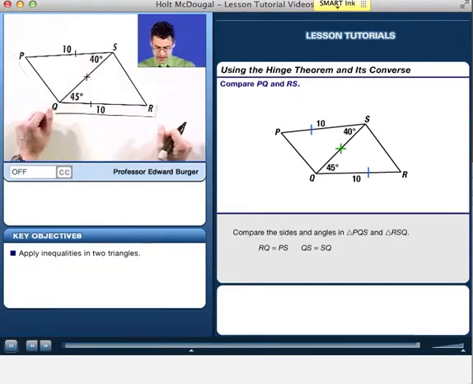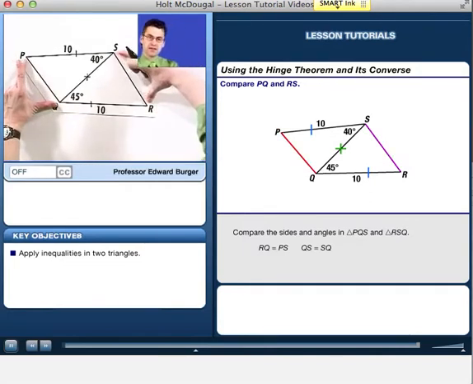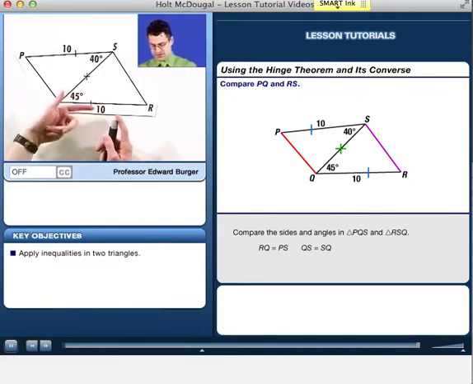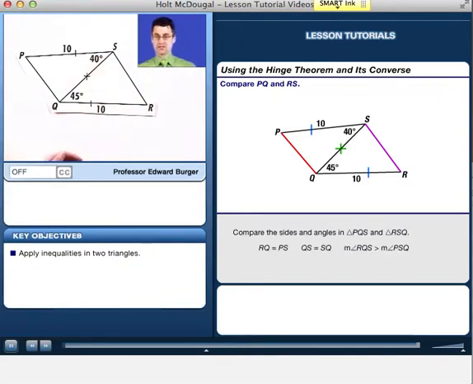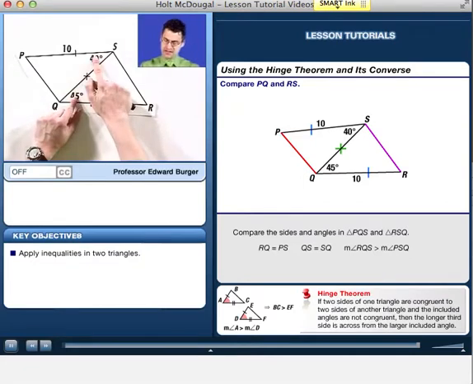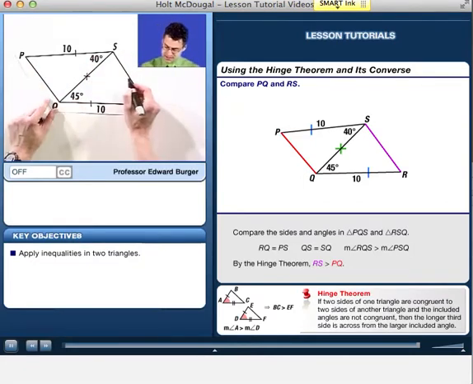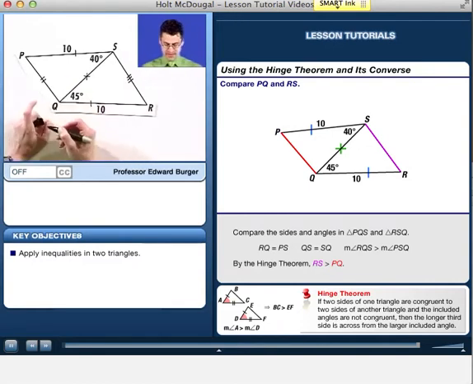And I want us to compare this side length to this side length. And what do I know? Well, here I see that the angle in between these two sides, in one case is 45, and in the other case, the corresponding angle is 40. So by the hinge theorem, since this angle is larger than this angle, this side must be larger than that side.